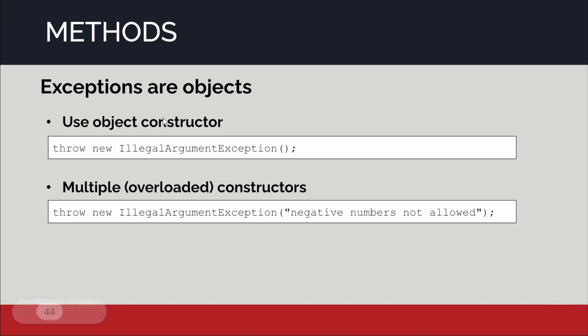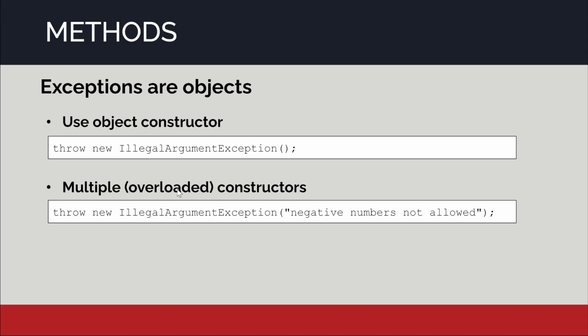So you see the word new, and then you see the constructor invocation here with the left and right parentheses. It's capitalized because this is the constructor. Constructors are special methods for creating objects, and we've talked about this in our last session.